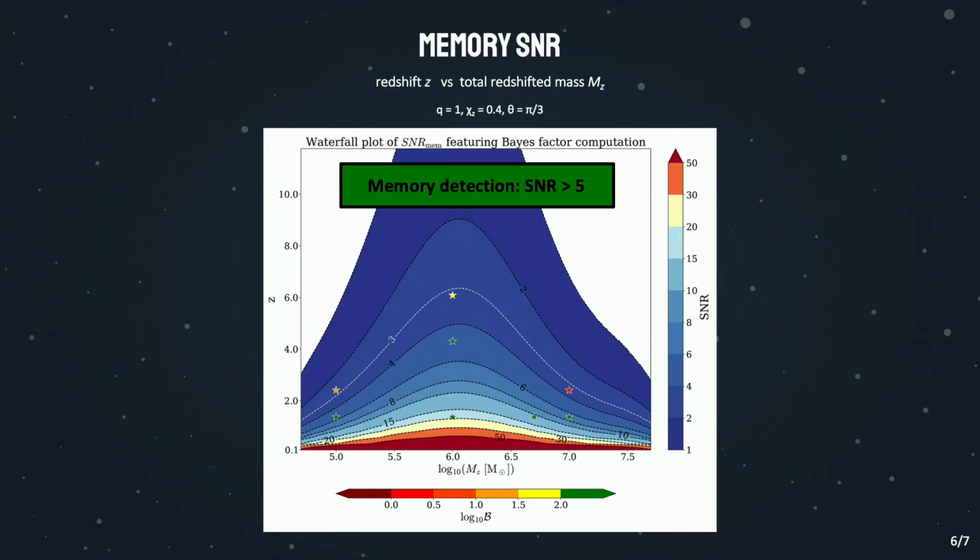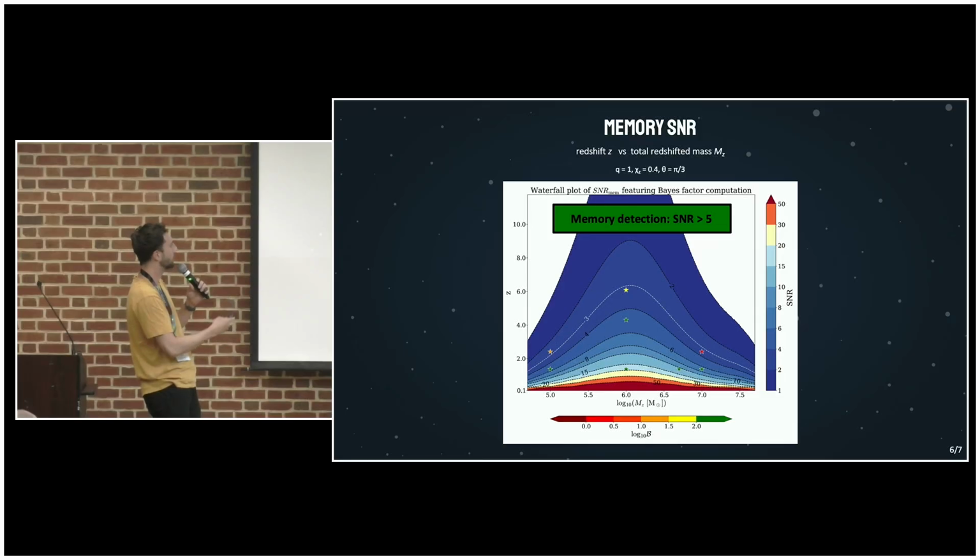In this case, we can be sure that the log of the Bayes factor will be above 2. So it's like 100 times more likely to have memory in the data.